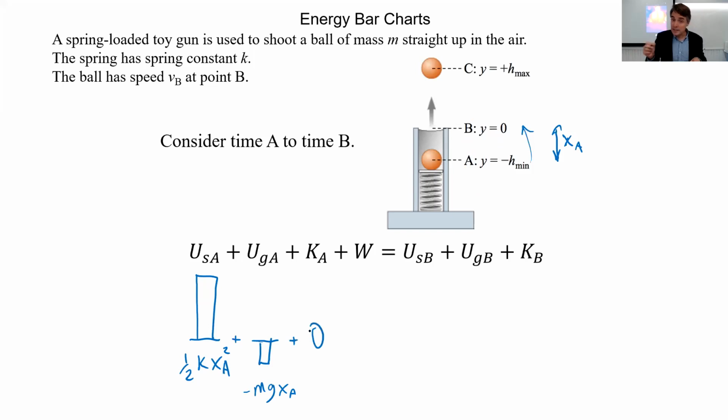Plus, it's at rest at the beginning, so that's 0. Plus, we talked about how there's no work being done from outside the system on the system. And then when it gets to B, the spring is no longer compressed. So the spring is at equilibrium, we call it.